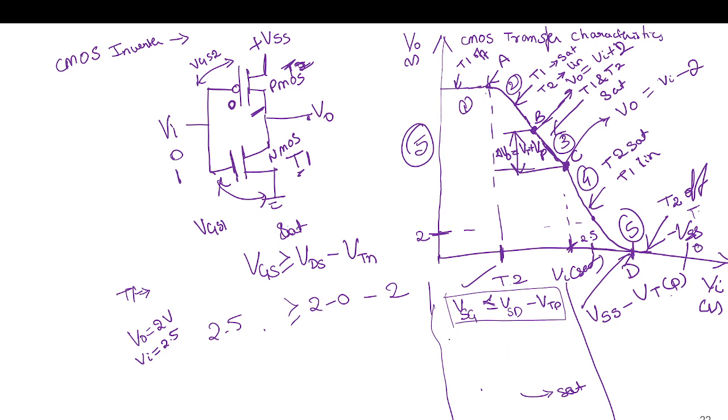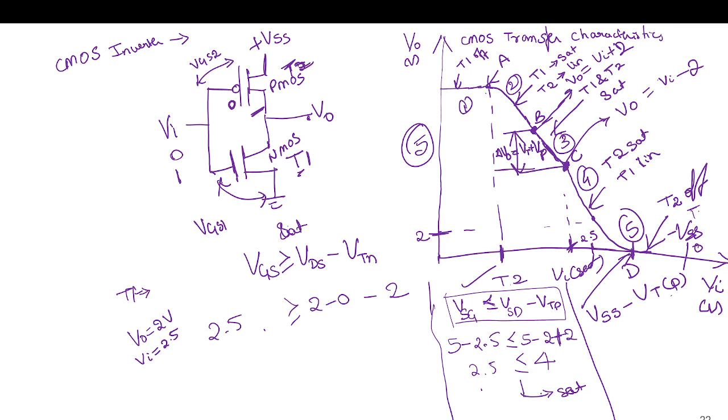So source it is at 5 minus gate it is at 2.5, should be less than or equal to, so drain is at 2, minus plus 2, this is 1 less than or equal to, this is 2.5. And then this is minus. So 3 plus 1, 4, so this is in saturation region.